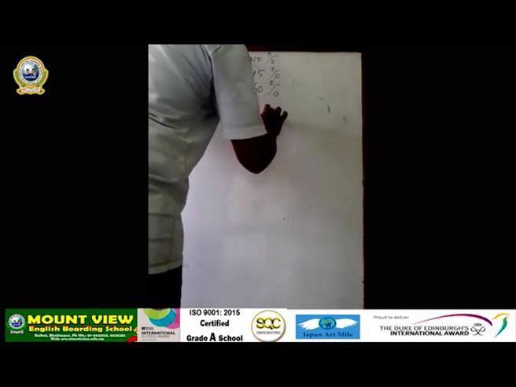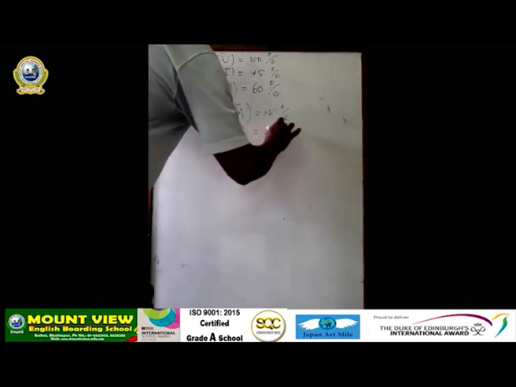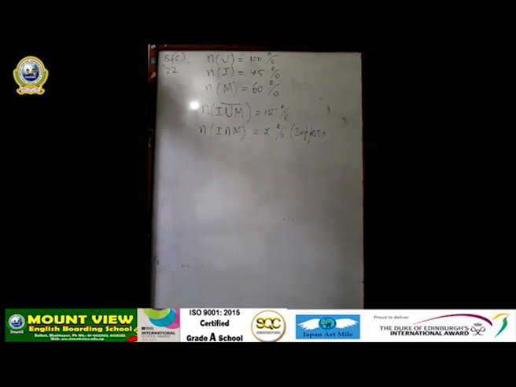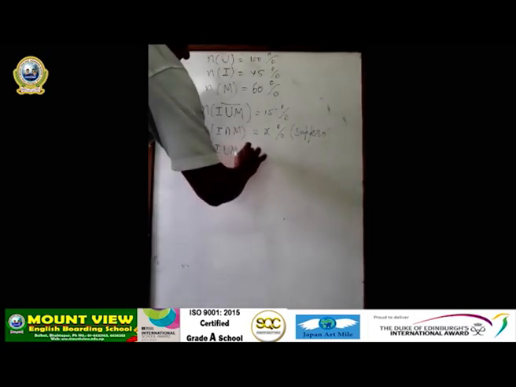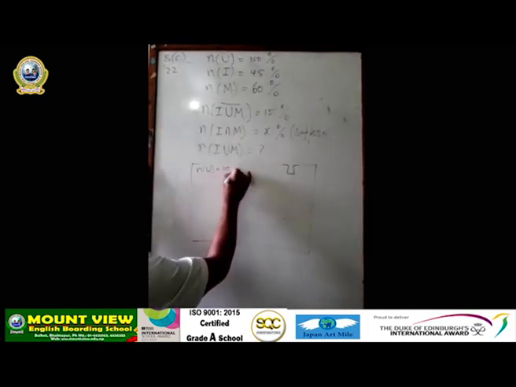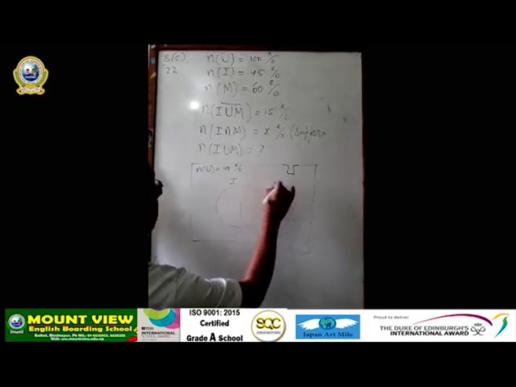Let's use the symbol I for internet facility. Internet facility is 45%, and for mobile data we can use the symbol capital D or capital M, but you have to mention it at first as a set.